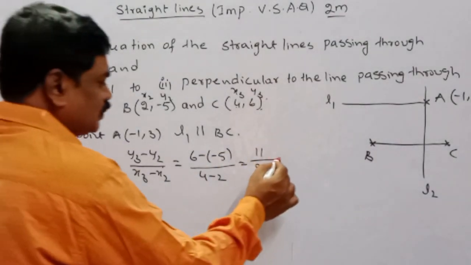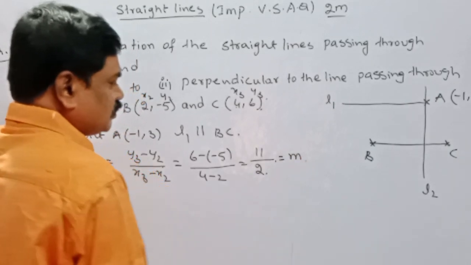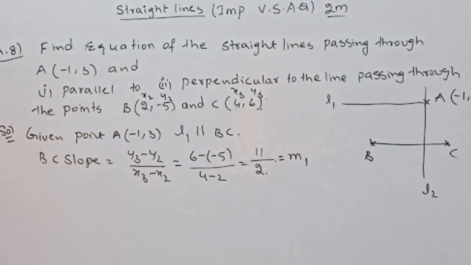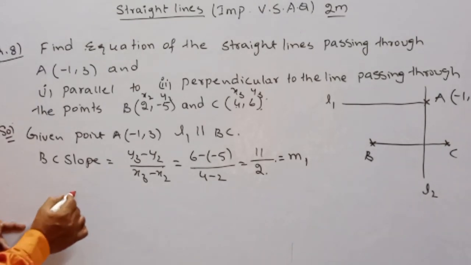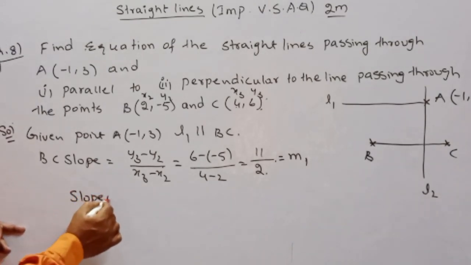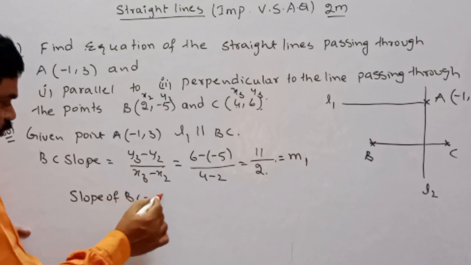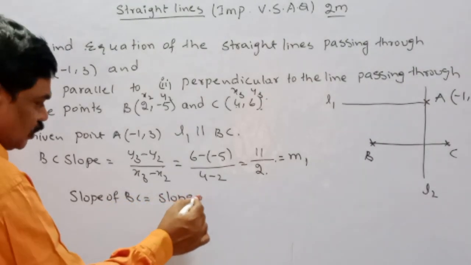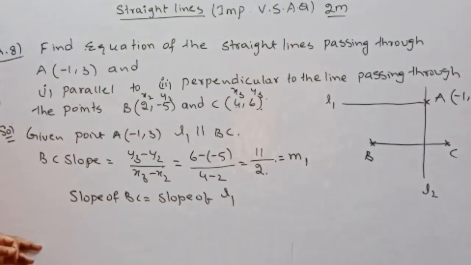So the slope of BC is m1, which is 11 by 2. Then the slope of BC is equal to the slope of L1.